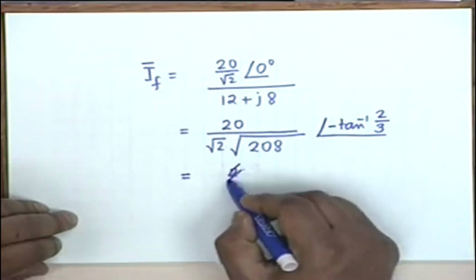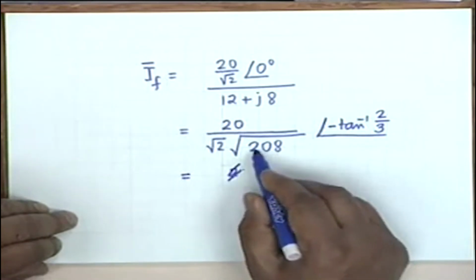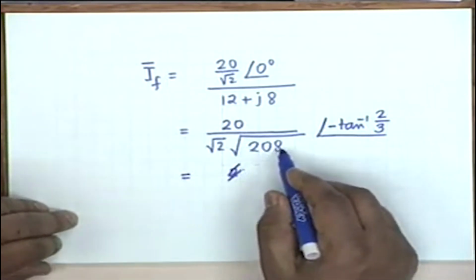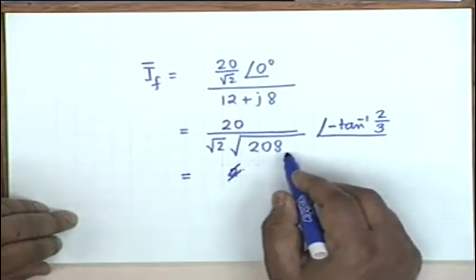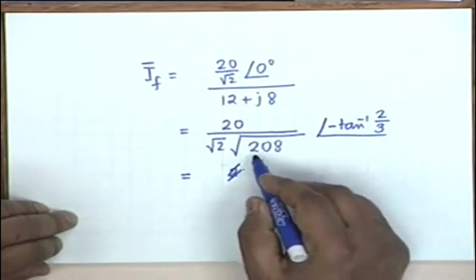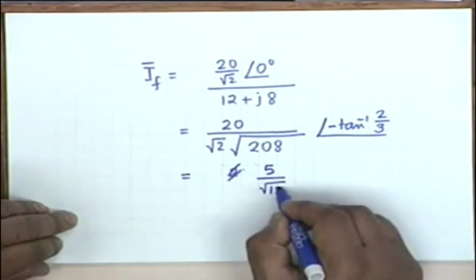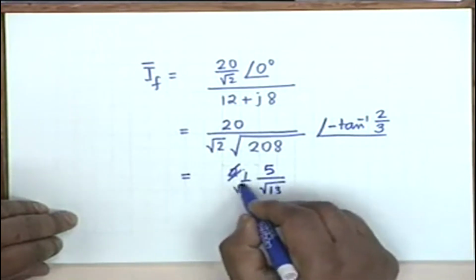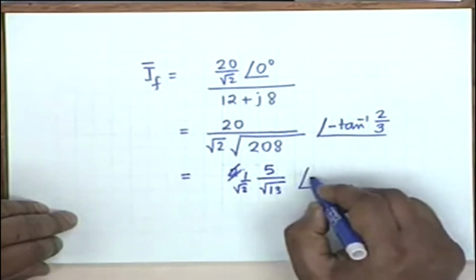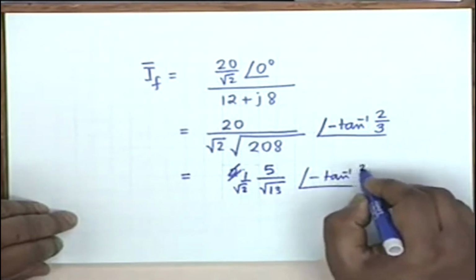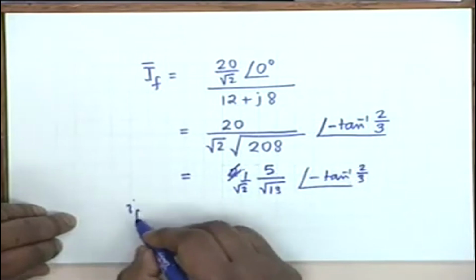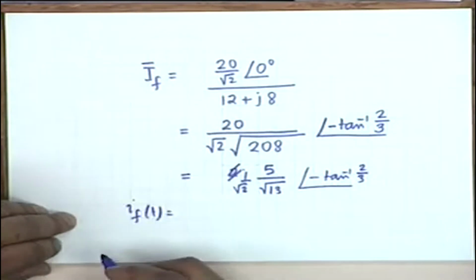All right. So this I can write as 20. Well, you see that this is 16 multiplied by 13. I hope I am right. 4, 3, yeah, okay, 16, and the square root of 16 is 4. So I can write this as 5 by root 13, 1 over root 2, angle minus tan inverse 2 by 3. Can we write If of t now?